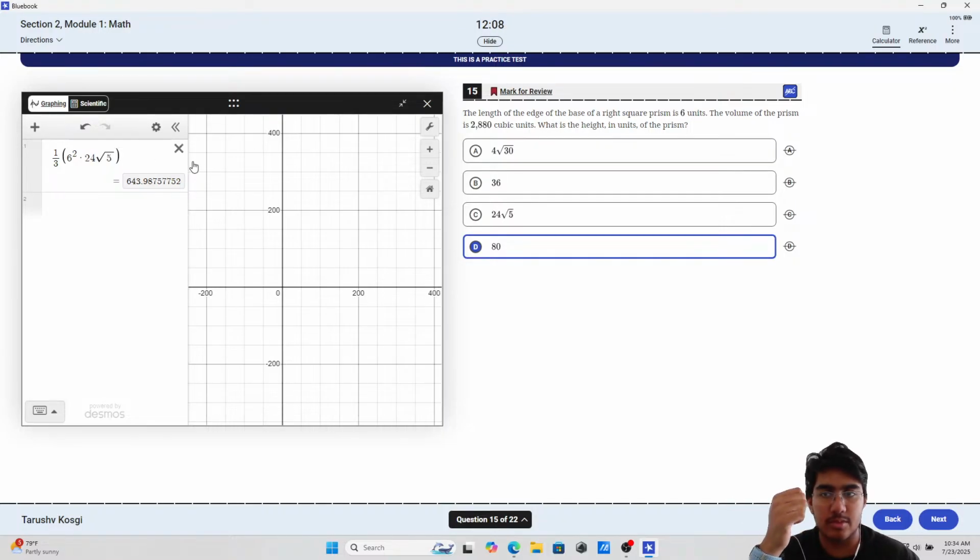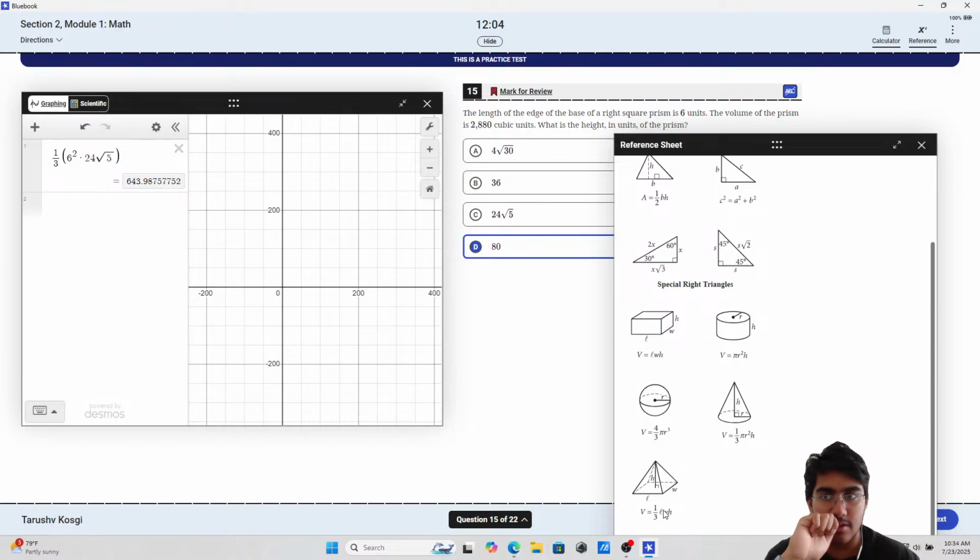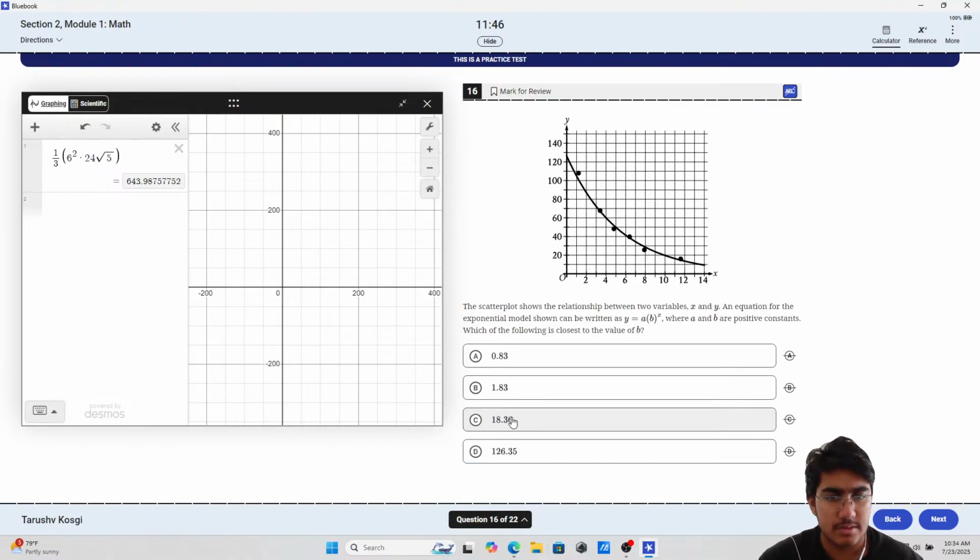Why is the volume not computing out for any of these? I should revisit the reference. Volume is equal to 1/3 times length times width times height. Yeah. So the length is 6. The width is therefore the same at 6. None of these are right. Right? Yeah, I don't know, guys. Just gonna pick something.